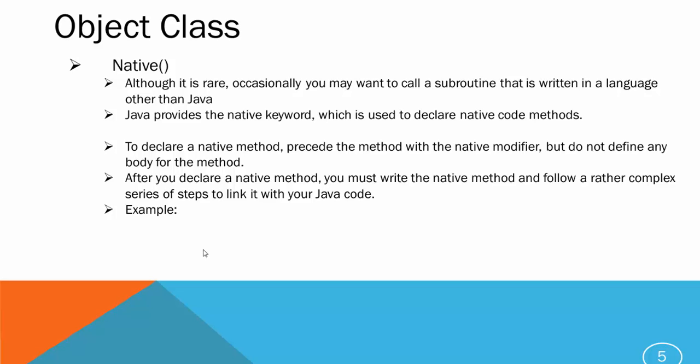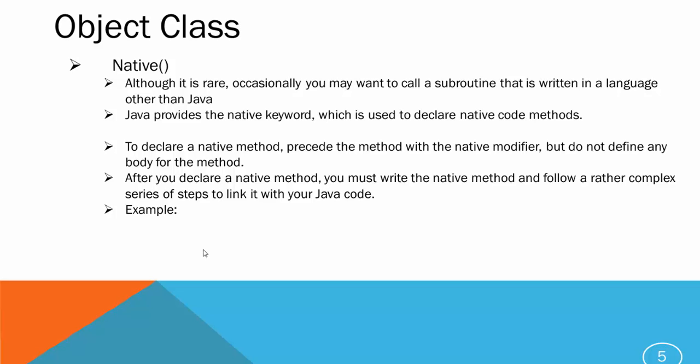Suppose you have created one native method, you can declare that method native in Java, load those native methods from a library, and use them. To declare a native method, you just need to prefix the modifier native. There will be no definition of the method, it's just a declaration of the method.